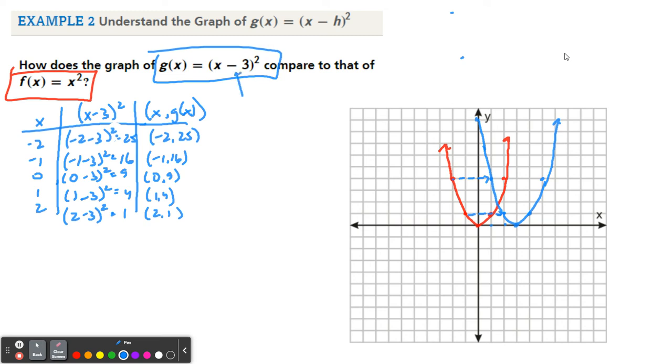When it's inside here, it's always opposite of that. So if this says minus 3, it's actually a positive 3, 3 to the right. Okay, and here's the graph. So in this case, g of x is f of x translated, big word, translated right 3 units.